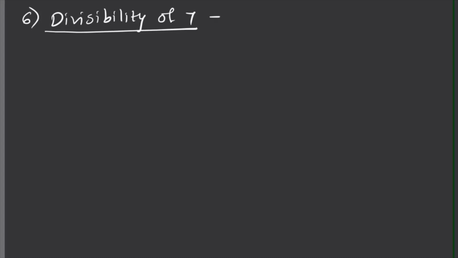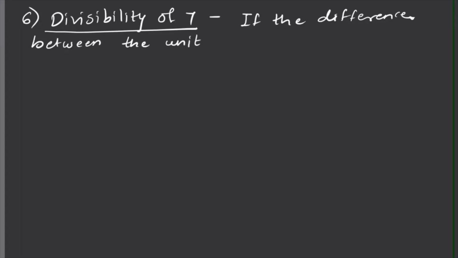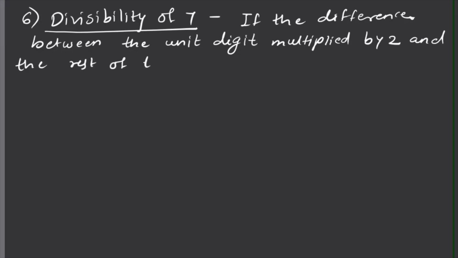So, I write here, if the difference between the unit digit multiplied by 2 and the rest of number is a multiple of 7. Let's have an example.